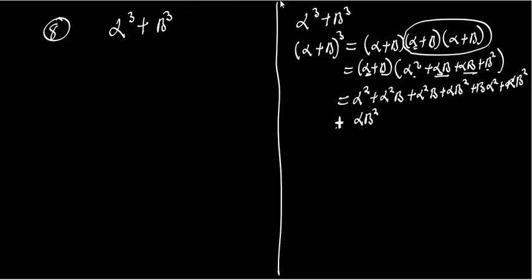Then beta times beta squared is beta cubed. So after doing that, let's get all the cubes together: you have alpha cubed plus beta cubed.